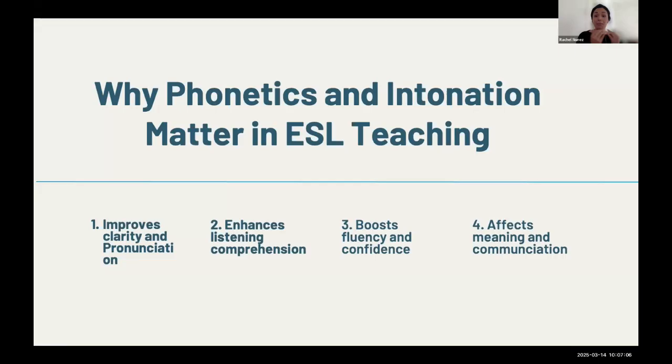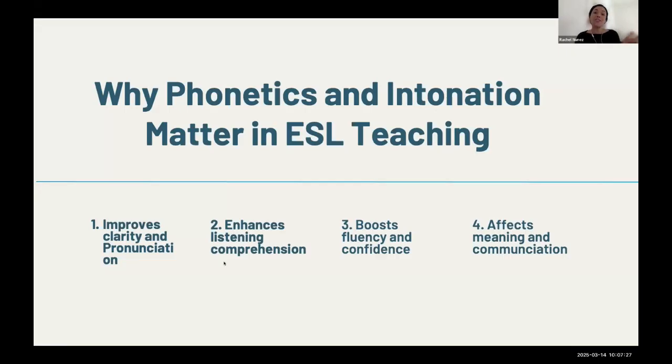It improves clarity and pronunciation, which is very, very important. For example, I have some Spanish speakers that mix the B and the V sounds. So instead of saying "very," they say "berry." They want to say "I'm very tired," right?